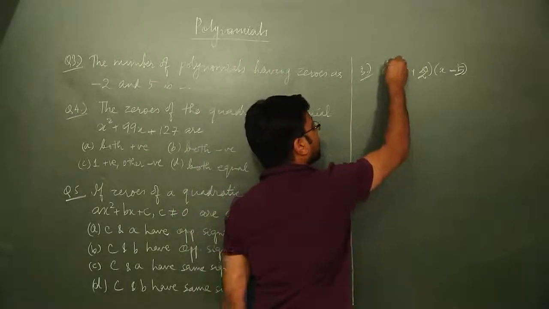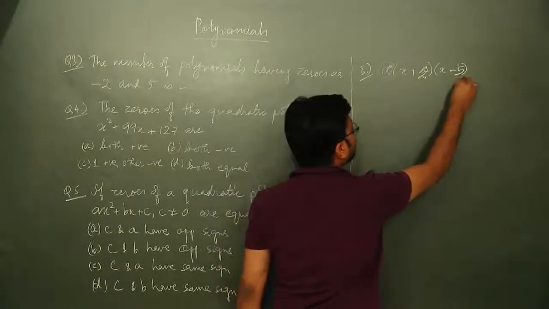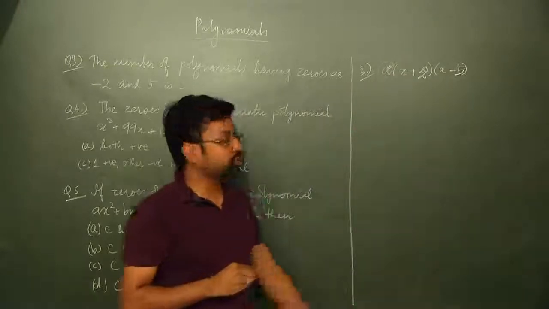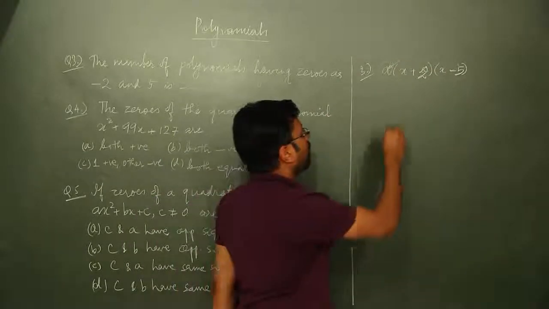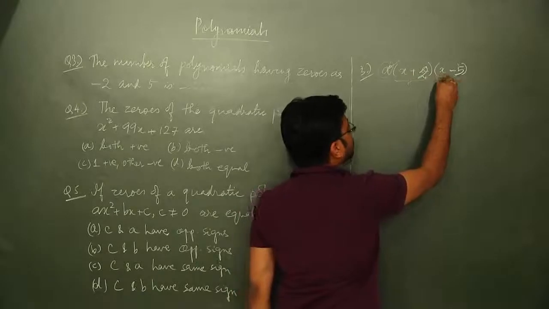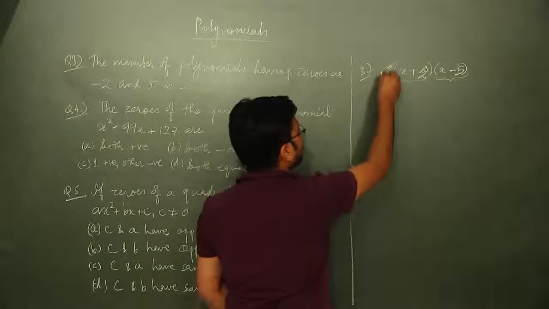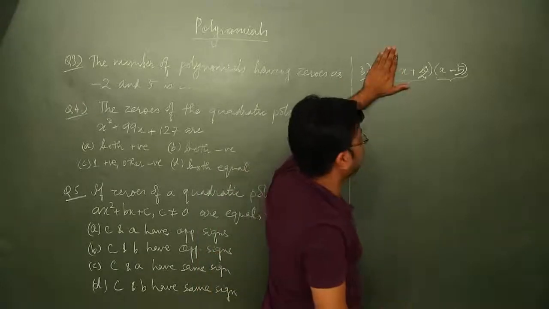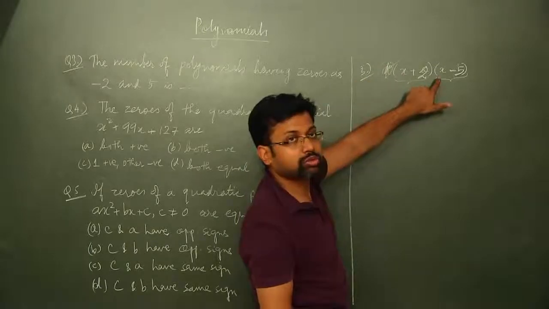A is any real number. So if you go on changing the value of A, you will keep on getting different quadratic polynomials. But for all of them, the zeros would be the same. So if we keep A as 1, the polynomial will be (x plus 2) into (x minus 5). If you make it 2, it will be 2 into (x plus 2) into (x minus 5).